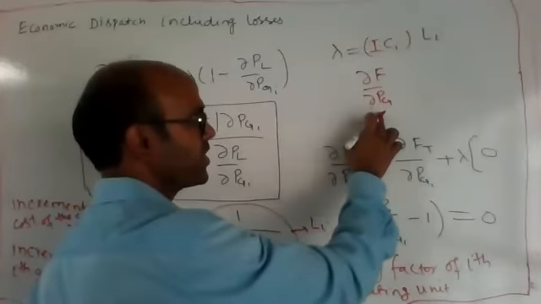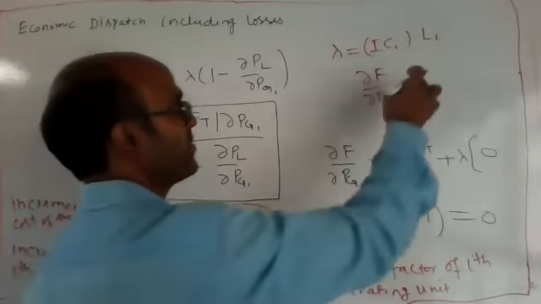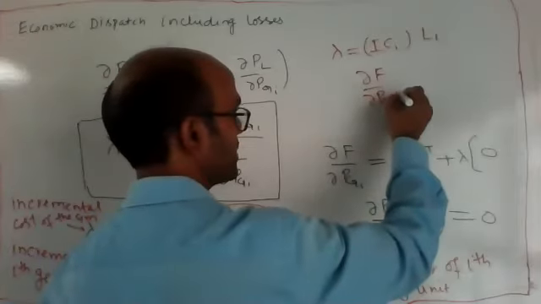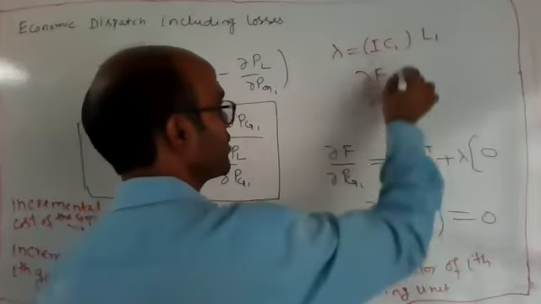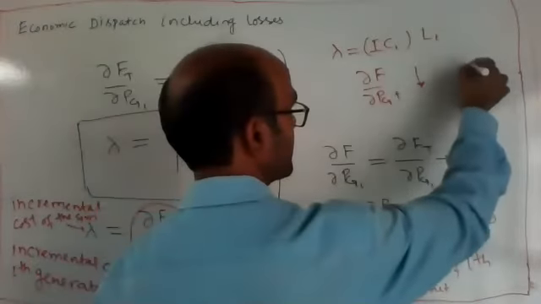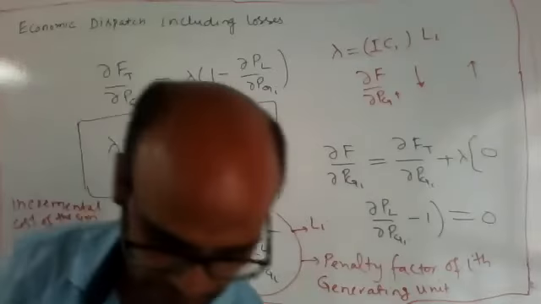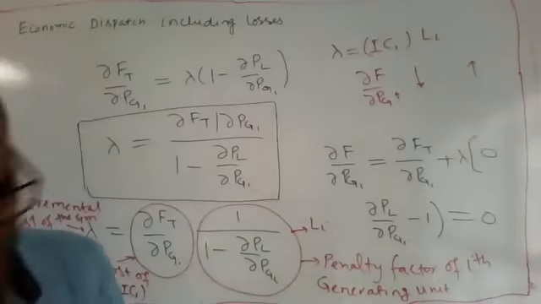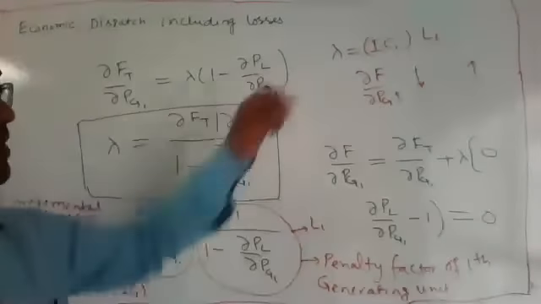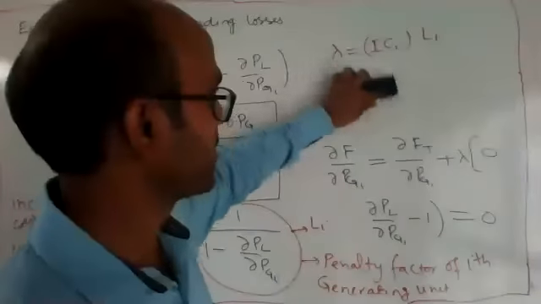If generation is more, then this factor gets reduced. Then the penalty factor gets increased. So in that way you can analyze this expression, because an MCQ may come based on this factor in the GATE exam or PSC.